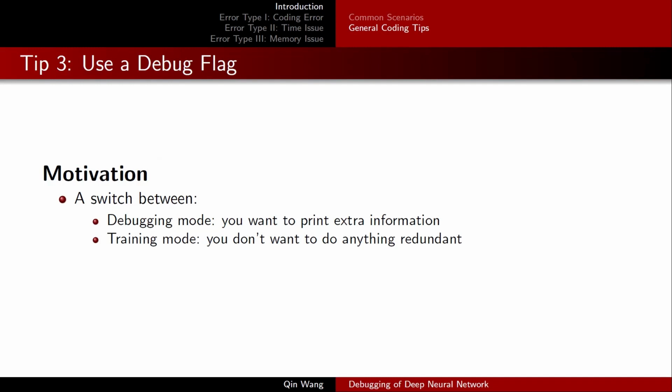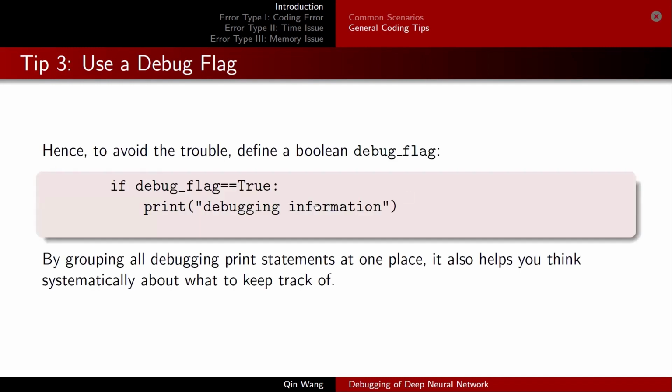And later, if you want to make a slight change to your code, you might need to rewrite all the print statements again for debugging. Hence, to avoid the trouble, we can define a Boolean debug flag as shown here. When you're not debugging, set it to false. And when you are debugging, set it to true, and it will print all the necessary information for you.